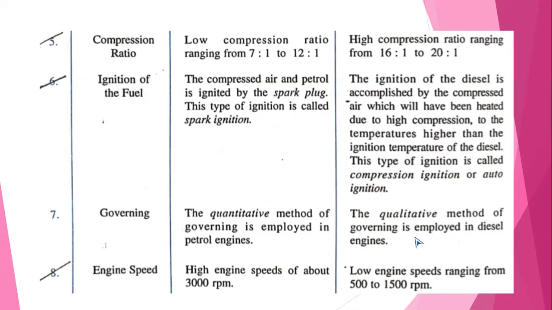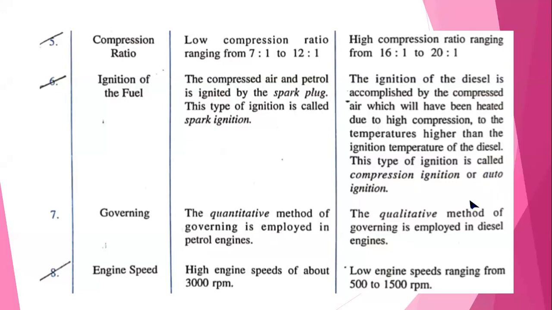At the same time, in the diesel engine, the qualitative method of governing is used. Qualitative means the control of suction is done by the movement of the piston. In that you have the inlet valve and exhaust valve. Both operate according to the time at which the piston moves up and down.